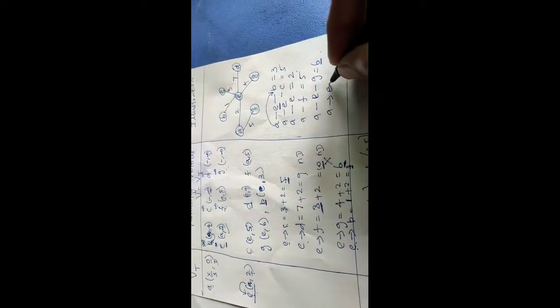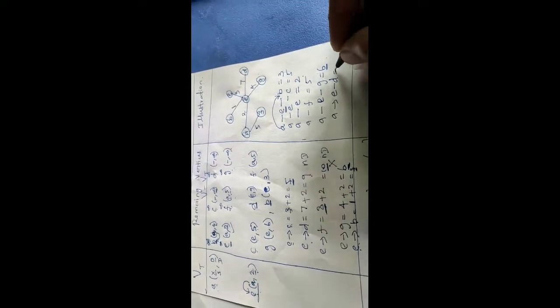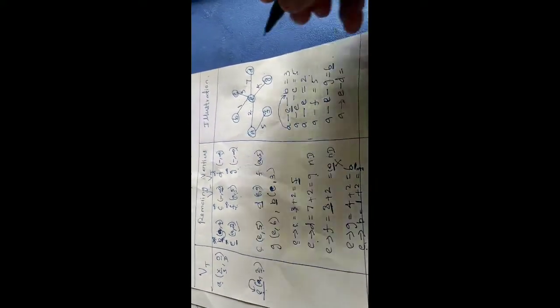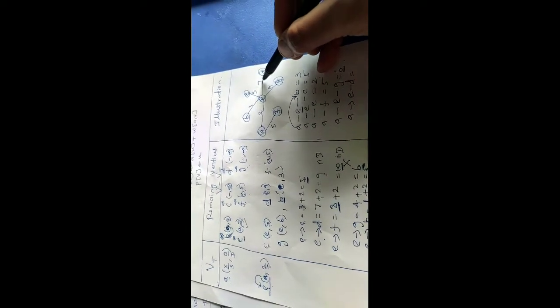So A to E I have to go, E to D I have to go. Then what is the total distance on these edges? 2 plus 7, 9. So E to D I have a distance of 9. So I got the distance as 9 here.